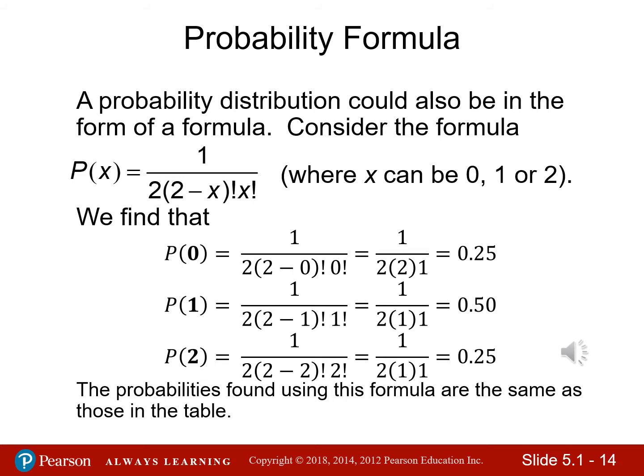So we find that the probability of 0, when we plug in 0 into our equation, is equal to 0.25. The probability of x equal to 1 will be equal to 0.5, and the probability of x equal to 2 is equal to 0.25. So the probabilities found using this formula are the same as those in the table that we displayed previously.